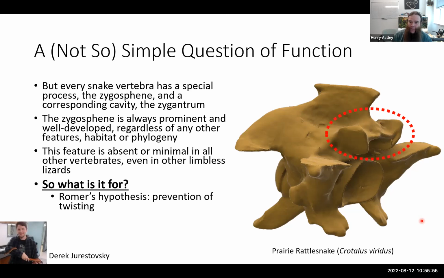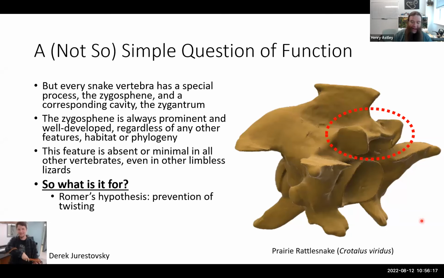Next slide. So this is a special additional joint that snakes have called a zygosphene, and it has a corresponding cavity on the posterior surface of the vertebra called the zygantrum. It is always prominent and well developed in every snake, regardless of habitat, regardless of phylogeny.